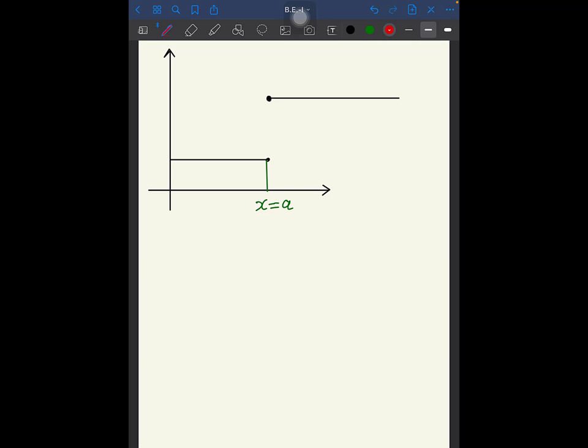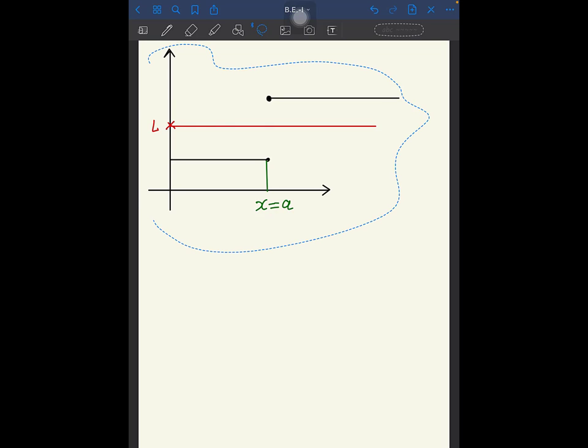You assume that L is somewhere the limit of this function at x is equal to a, which is not, but we'll prove how it is not. So let's say we draw a horizontal line, something like this. Now I'll make 2 copies of that in order to understand it completely.